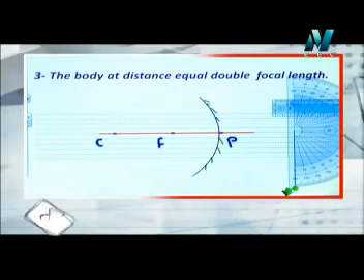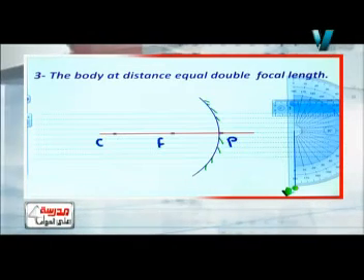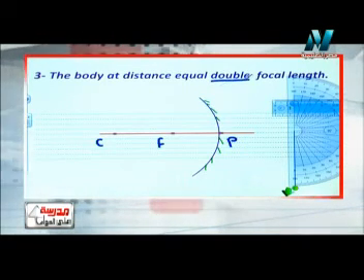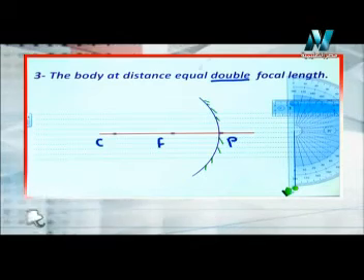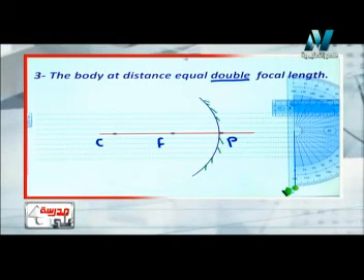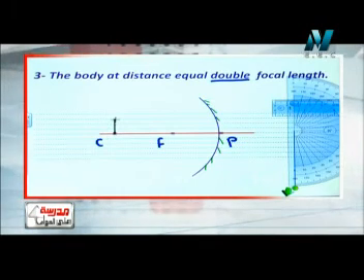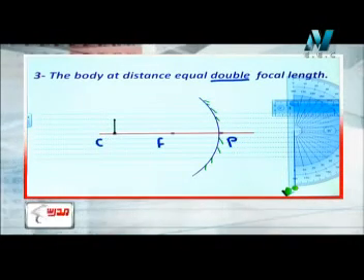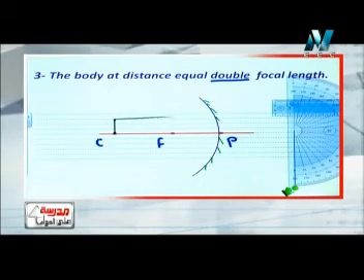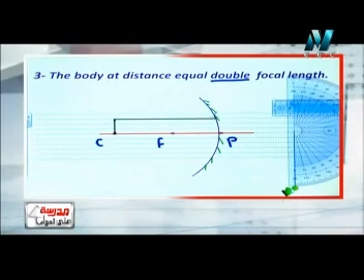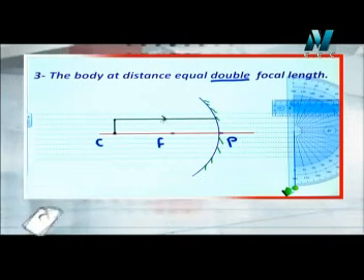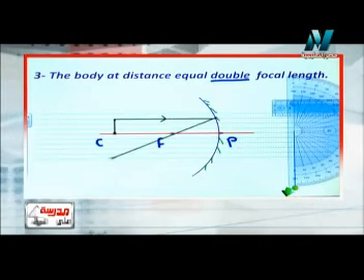In this case, the object is at distance equal double focal length, at center of curvature, because center of curvature here equals double focal length. We take the first light ray parallel to the principal axis, and this light ray will reflect through focus.